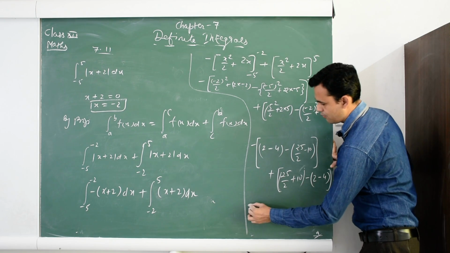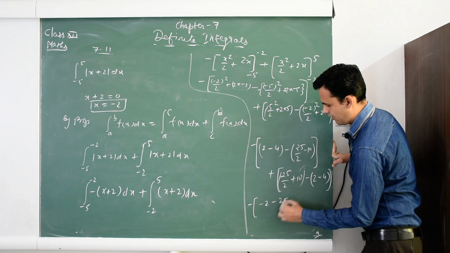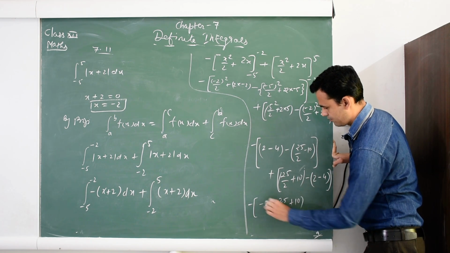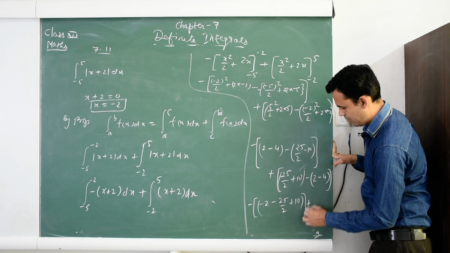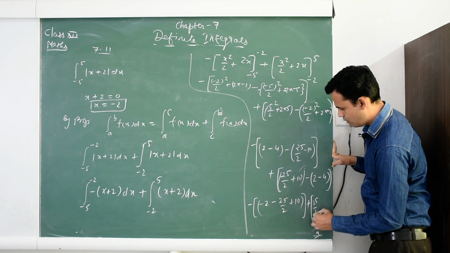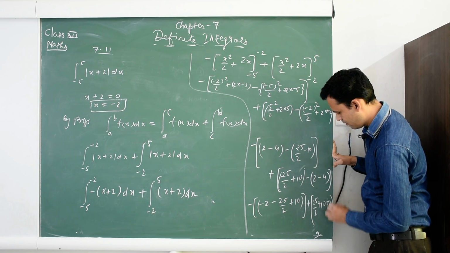Okay. So minus 2 minus 25 by 2 plus 10, and this is plus 25 by 2 plus 10 minus minus 2.